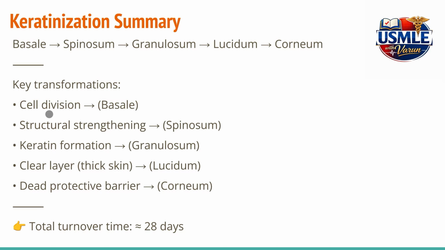As this keratinization occurs, key transformations take place: cell division at the basale, structural strengthening through desmosomes at the spinosum, keratin cross-linking at the granulosum, and finally a dead protective barrier at the corneum. Additionally, in thick skin, we find a clear layer called the stratum lucidum. The total turnover time of the entire keratinization process from the basal cells to the apical cells is about 28 days for each cycle.